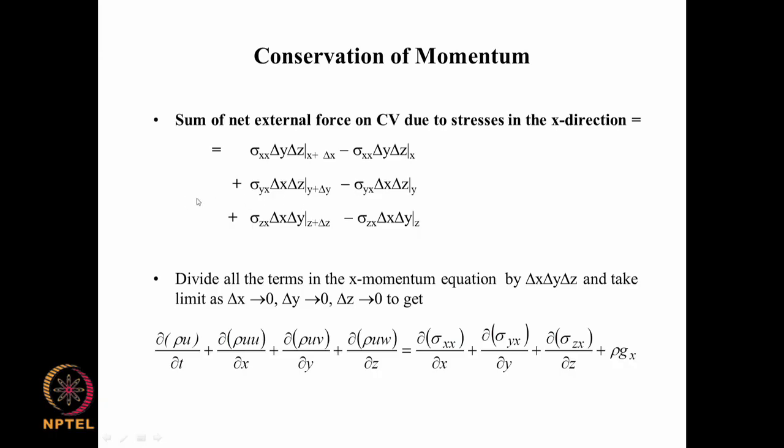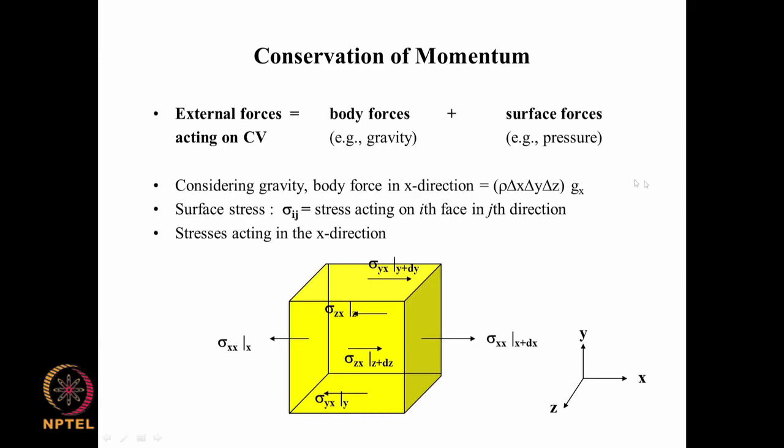So, when you take the limit as delta x tends to 0, delta y tends to 0, delta z tends to 0, as you take the limit as delta y tends to 0, this becomes a partial derivative dou by dou y of sigma yx, and similarly this will give us dou by dou z of sigma zx, and when you divide this by delta x, delta y, delta z, you get rho gx.